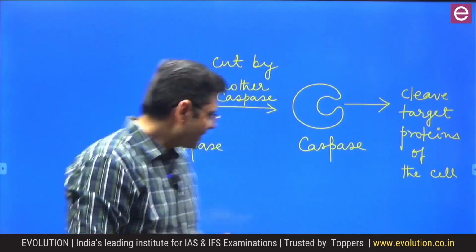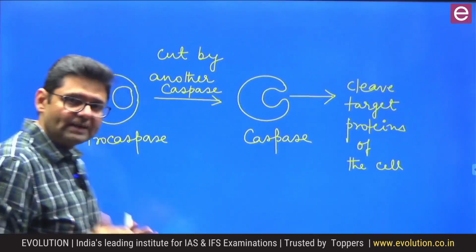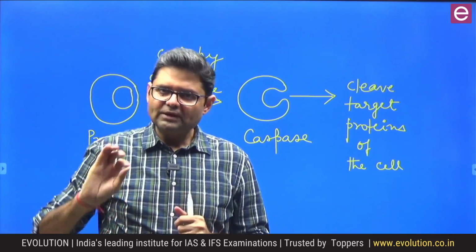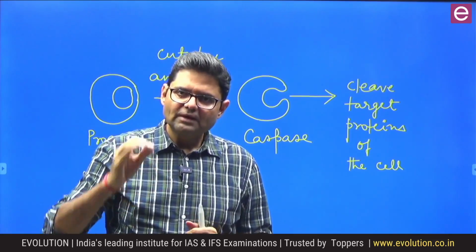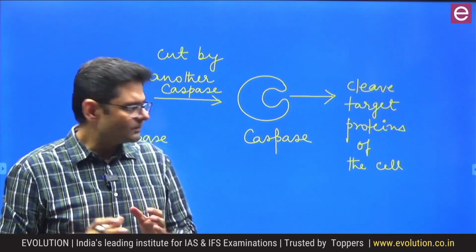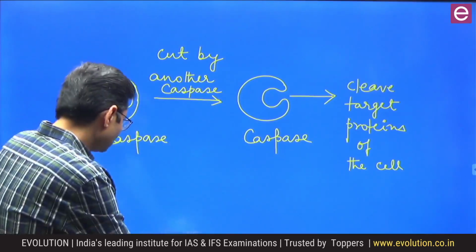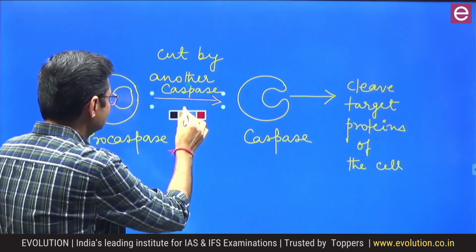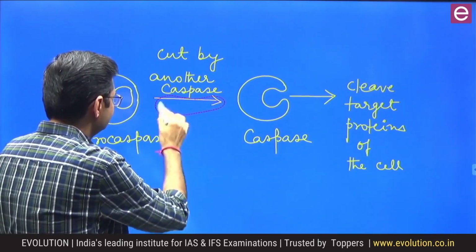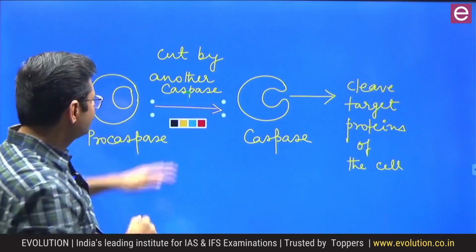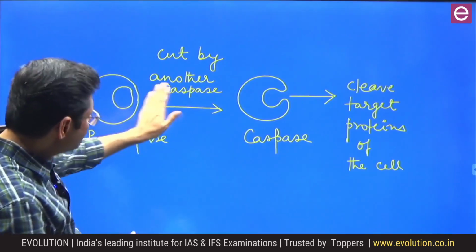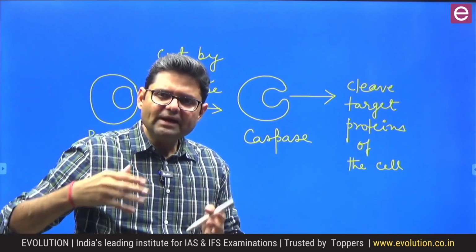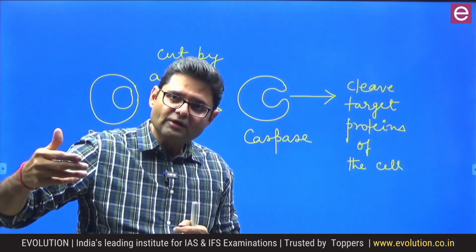Now this diagram gives you insight into two types of caspases. Essentially, there are two types of caspases. The first set of caspases are those which activate other caspases. These caspases do not target the cellular protein. They are basically activating those which will cut the cellular protein.